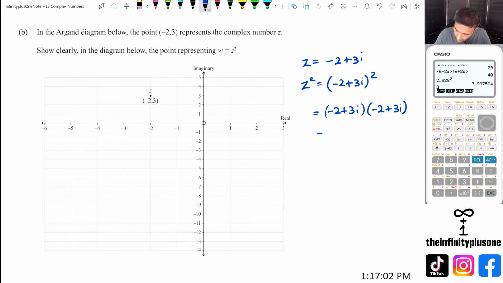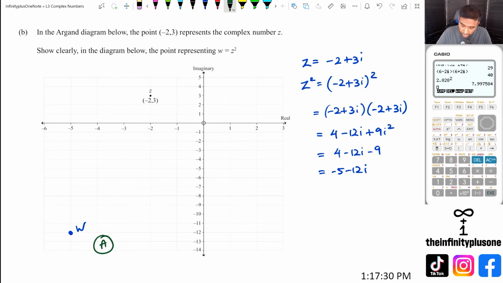We're going to get 4 minus 6i minus 6i, and then plus 9i squared. So we're going to get 4 minus 12i minus 9, and then -5 minus 12i. That's going to be there. That's your w. Grades-wise, this is going to be worth an achieved. You do have to plot this on the graph to actually end up getting that grade.